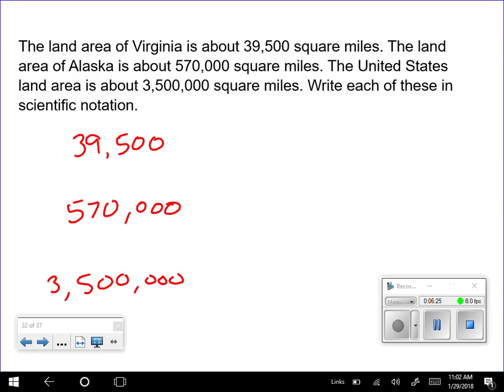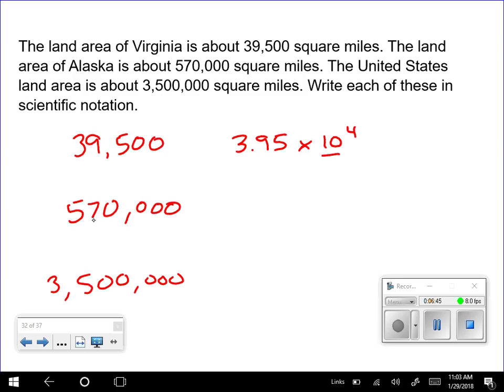Okay. When we're working with scientific notation, our first factor needs to be a number between 1 and 10, so that would be 3.95 in this case. How many times did I move my decimal to make it a big number? 1, 2, 3, 4, so times 10 to the 4th power, because we have our base 10 there. Okay, same thing here.